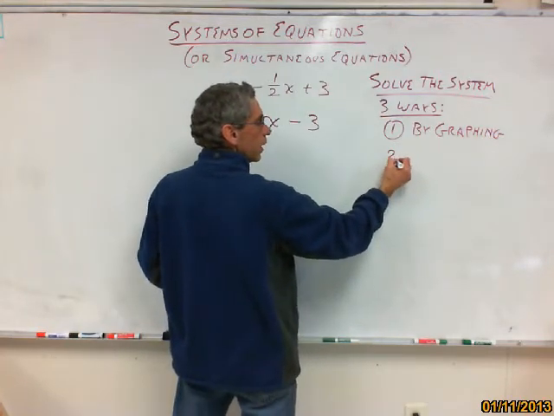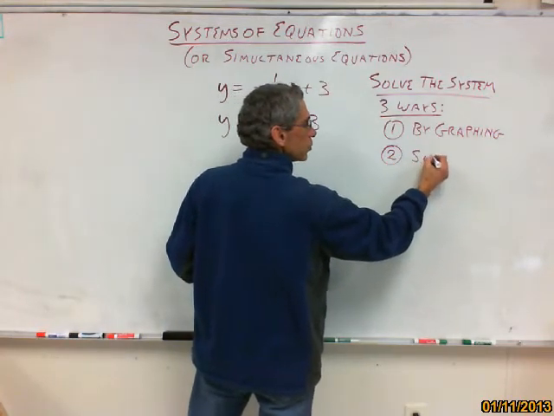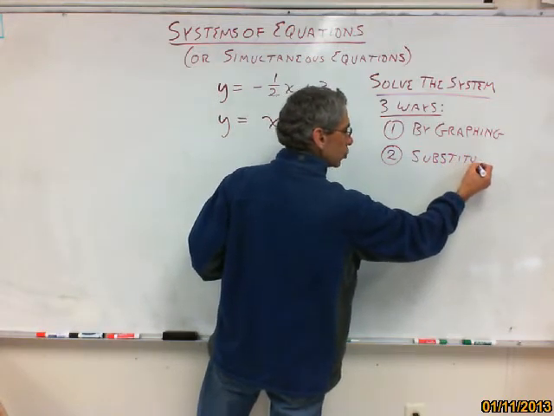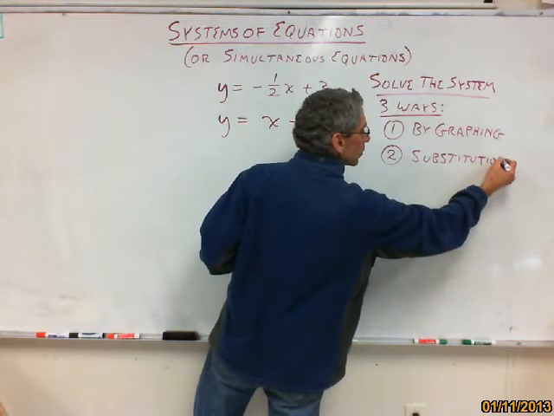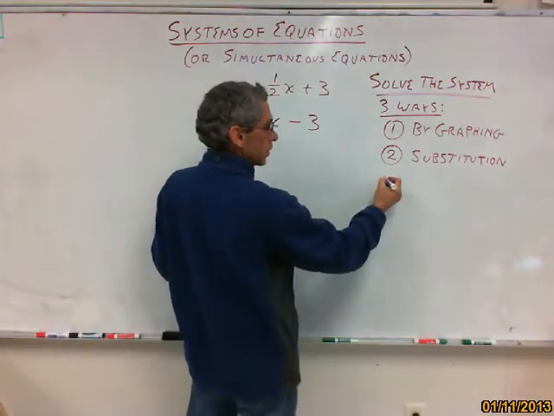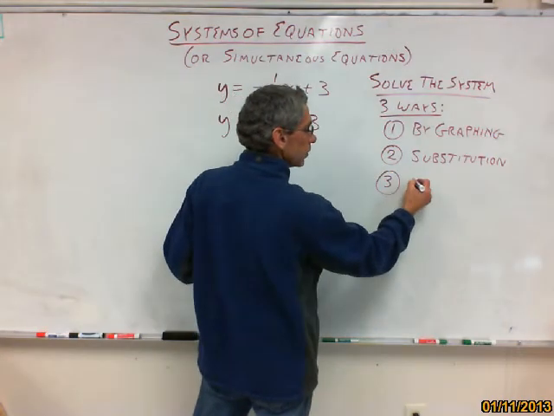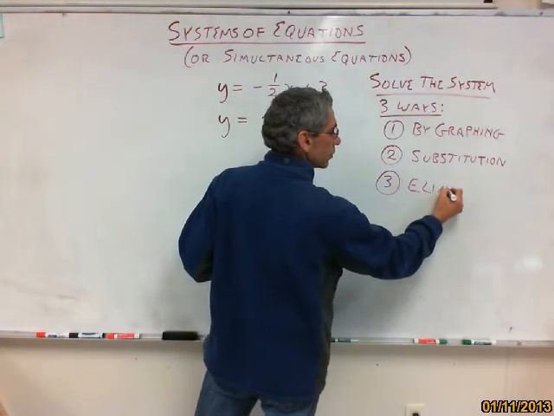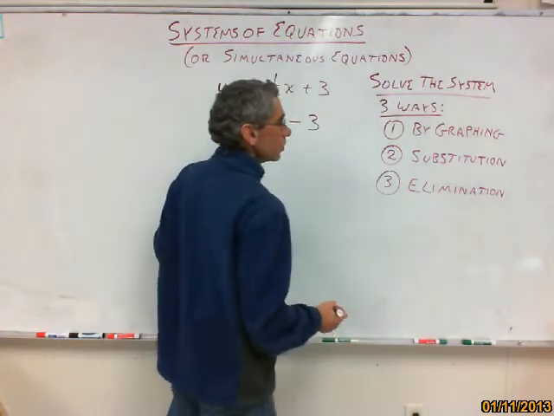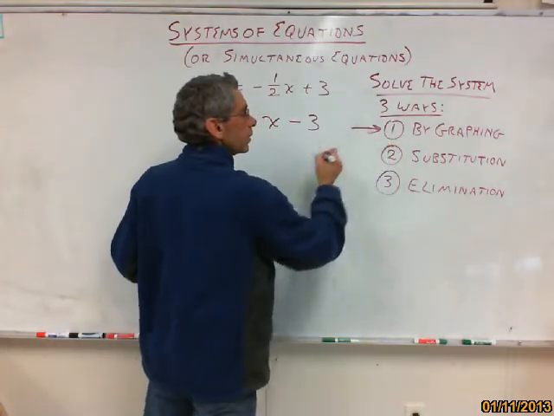The second way is by substitution, and that is actually an algebraic approach. And the third way is elimination, which is also an algebraic approach. We're only going to work on number one today.